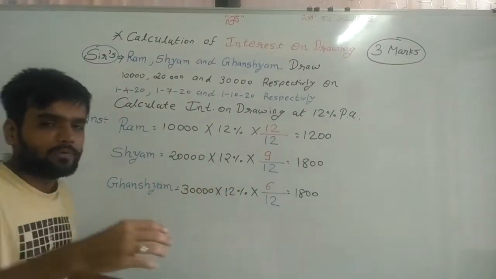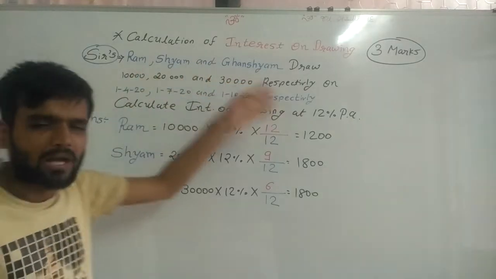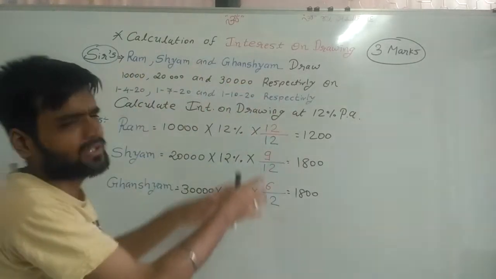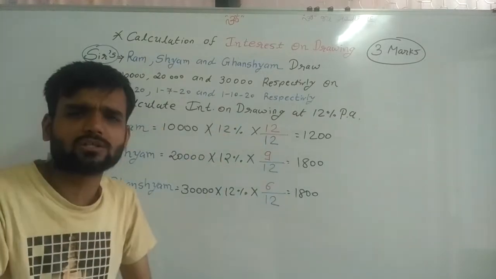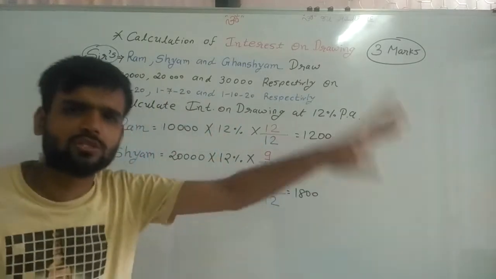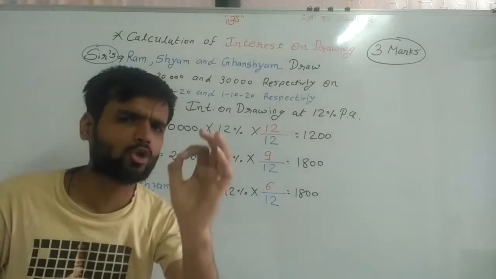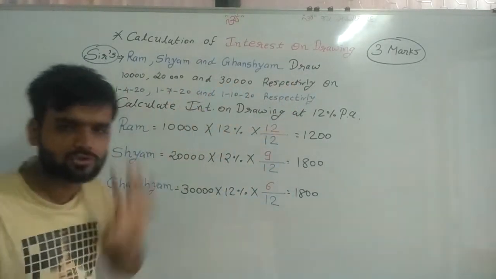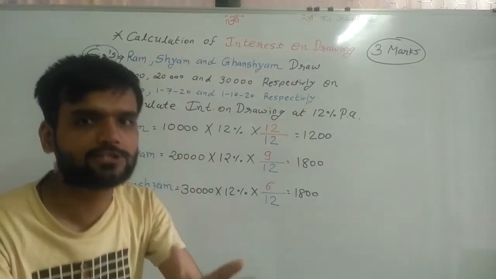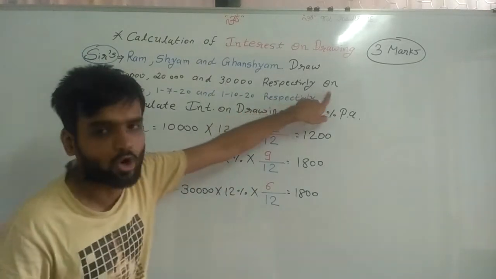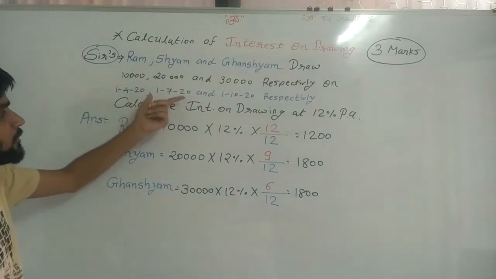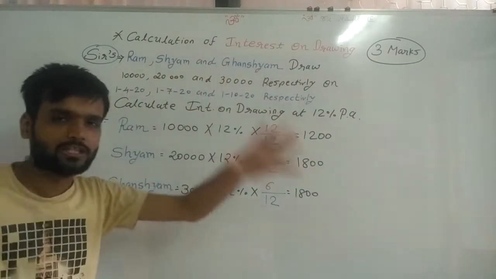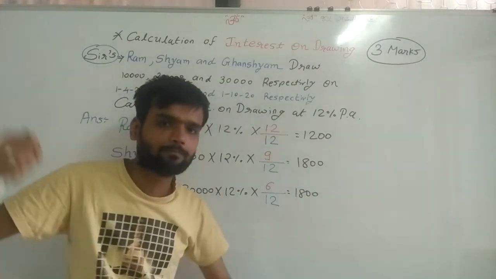Now we are assuming here these three are the partners. To understand interest on drawing, I have not written here that they are partners sharing profit and loss in this proportion, I have written the main topic only. Three partners draw three amounts on different dates, and they have withdrawn the amount from the partnership firm.